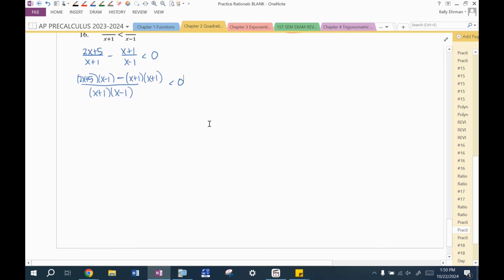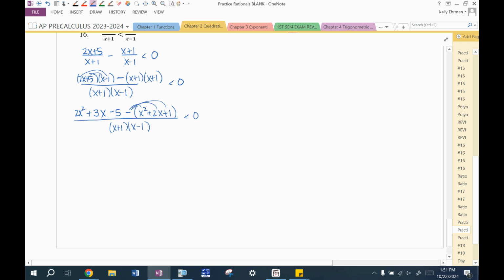Okay, that means that we need to FOIL stuff together. 2x squared minus 2x plus 5x. It's plus 3x minus 5 minus parentheses x squared plus 2x plus 1. Leave your denominator factored. We need to combine like terms up here.